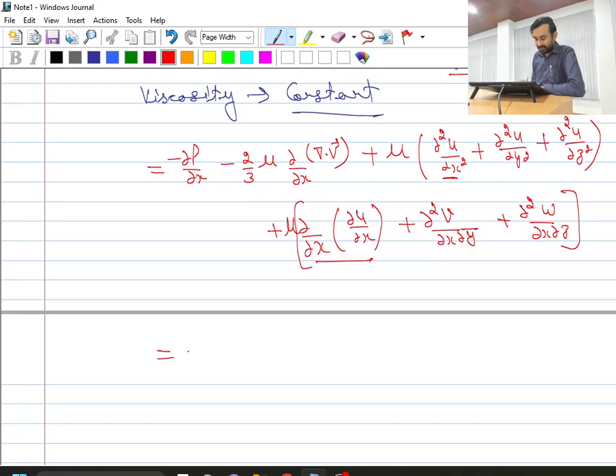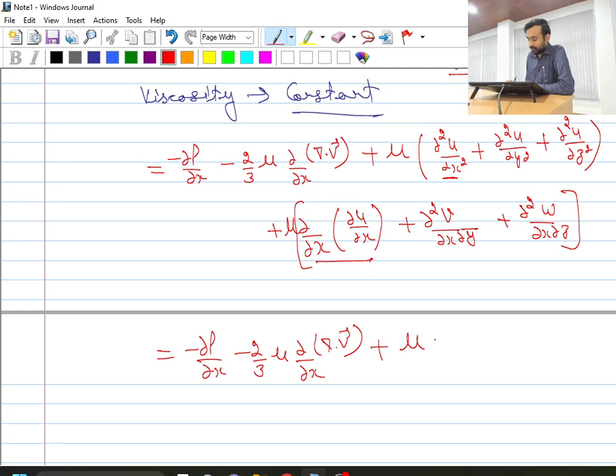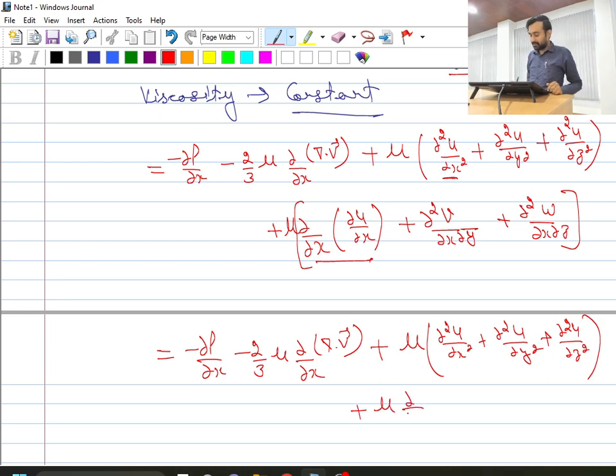Now what I can do is I can again take minus del v by del x minus 2 by 3 mu del by del x of divergence of velocity vector plus mu times del square u by del x square plus del square u by del y square plus del square u by del z square. Okay. And plus, what I will do now, mu times del by del x I will take common outside.